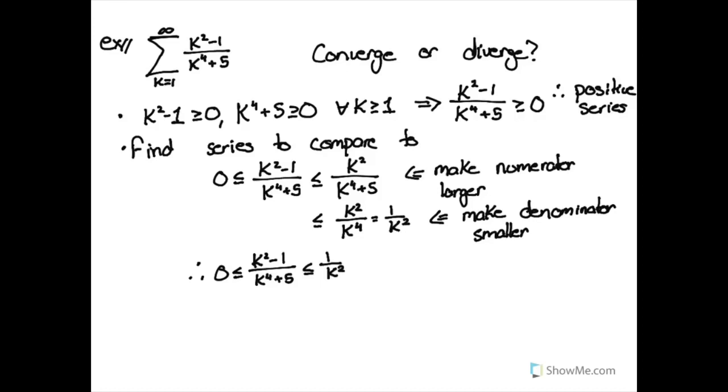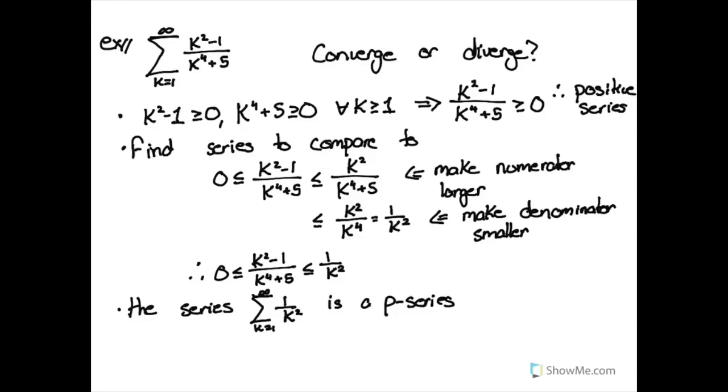Right? So now I need to consider the series 1 over k squared, k equals 1 to infinity. Right, this is a p series, which we covered last time. And we know by the p series test that this converges because p is greater than 1.